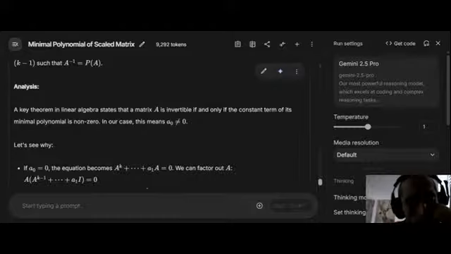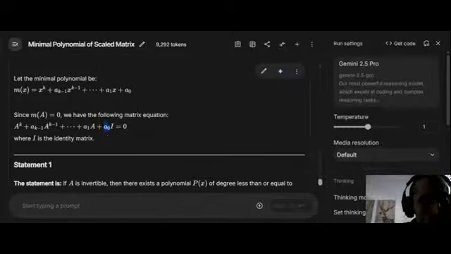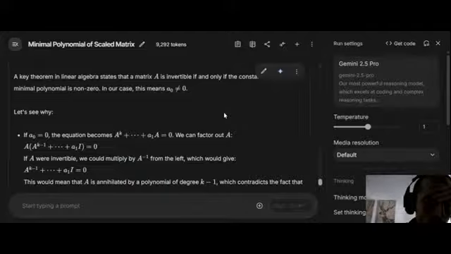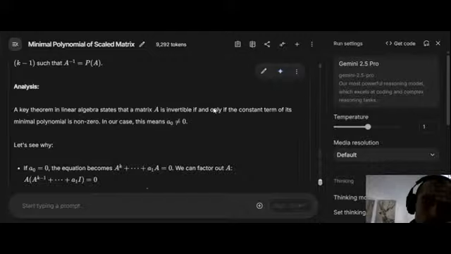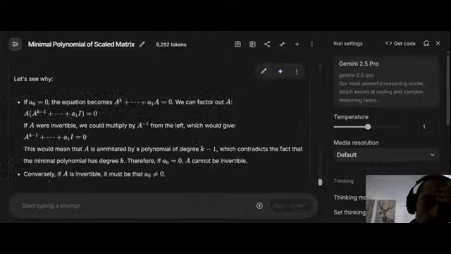In our case, this means A is invertible if a0 is not zero. Let's see why. If a0 is zero, we can factor out A, which contradicts this, and therefore it must be that the constant term is not zero.